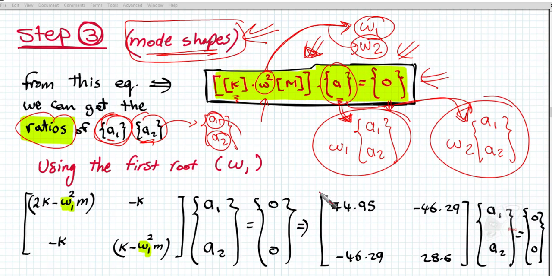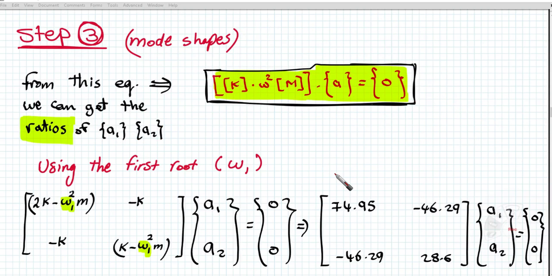Based on that, let's use the first root, omega 1, and substitute in this equation. We have 2k minus omega 1 squared m in the first term here.